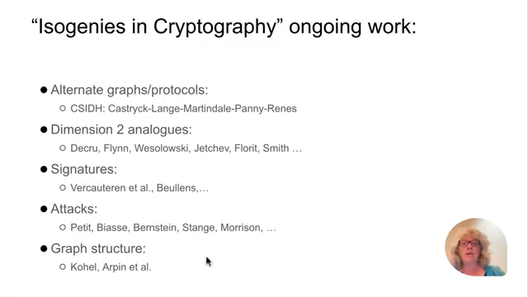There's a lot of related work in this area, including working on these graphs with level structure and alternate protocols, for example, one popular one called CSIDH, due to Tanja Lange and her collaborators. Lots of follow-up work. Sorry, this slide is a little outdated, but on signatures, attacks, graph structure, the SQISign by Christophe Petit and his co-authors, and many other different directions.